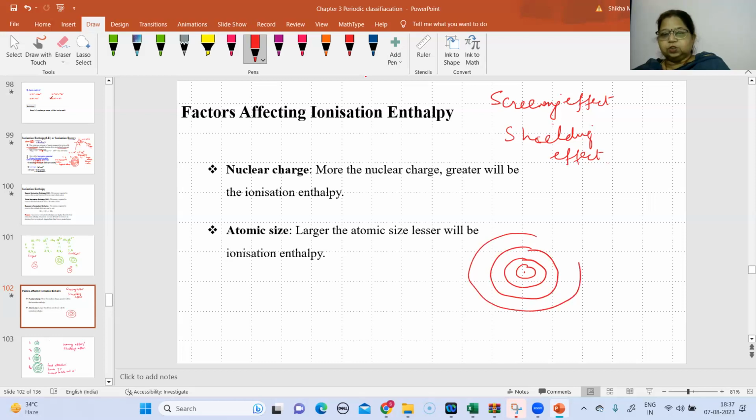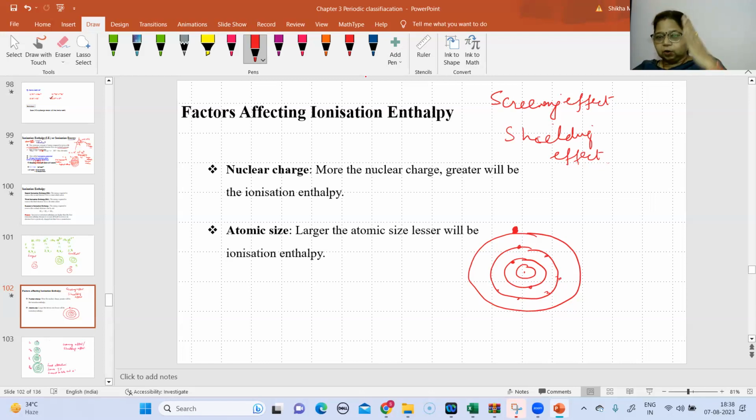Say we assume this to be an atom, and each shell is filled with the required number of electrons. This is the valence shell electron, and these are the inner electrons. Now these inner electrons act as a shield or a screen. They protect the valence shell electron from the forces of attraction, right?